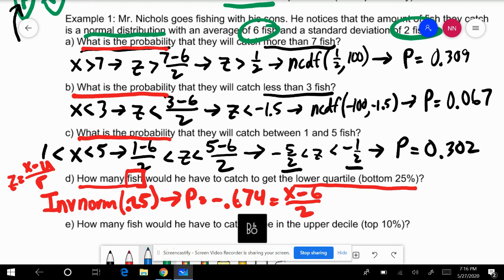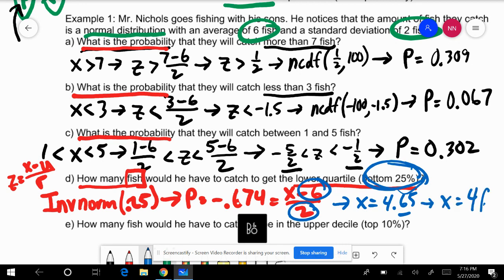Now, when we're trying to solve for this, we first multiply it by 2, and then we add 6. We're just solving it algebraically. And that right there gives us an x value of 4.65. Now, because we're trying to find the bottom 25%, we can't catch 0.65 of a fish. So in order to get the bottom 25%, we're going to round down to x is equal to 4 fish.